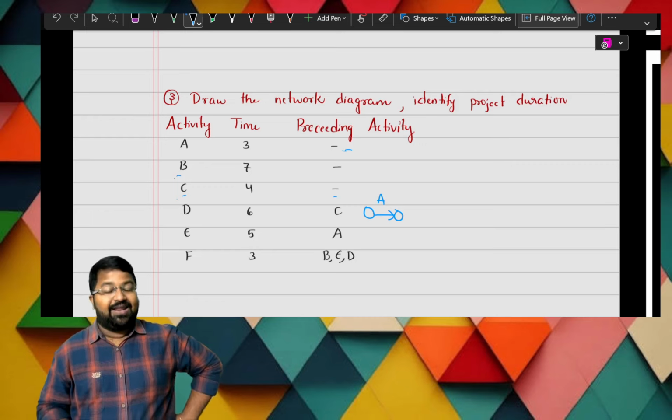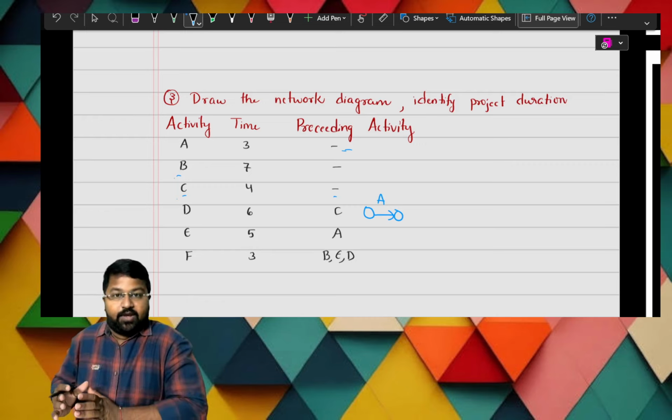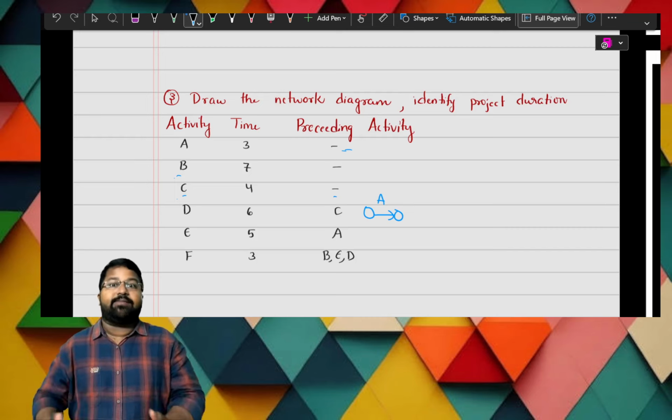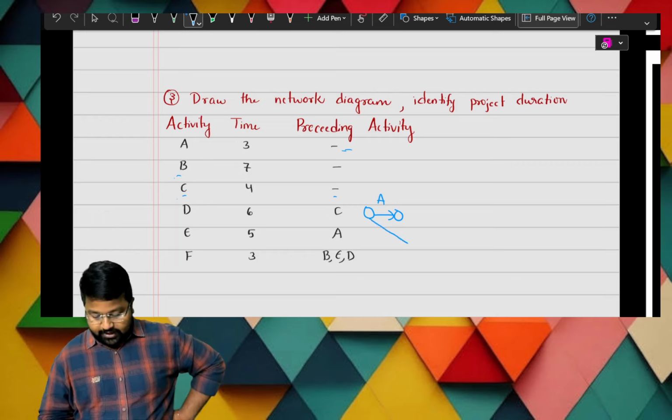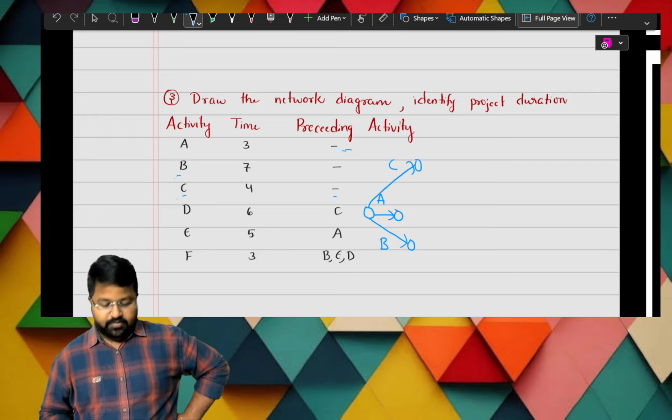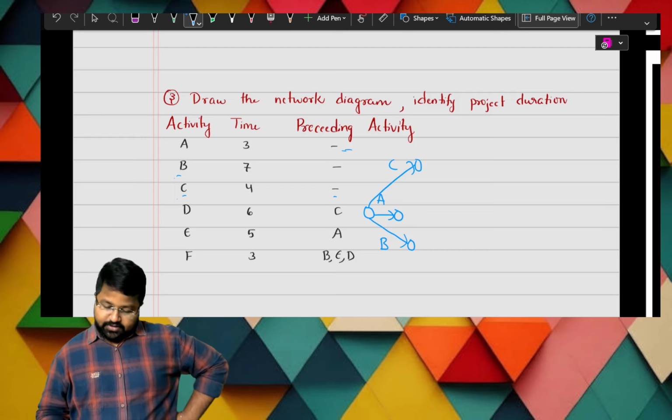So automatically there is no preceding activity, which means they are starting at the same time. They are starting simultaneously. So A, B, and let us take this as C. A, B, C.